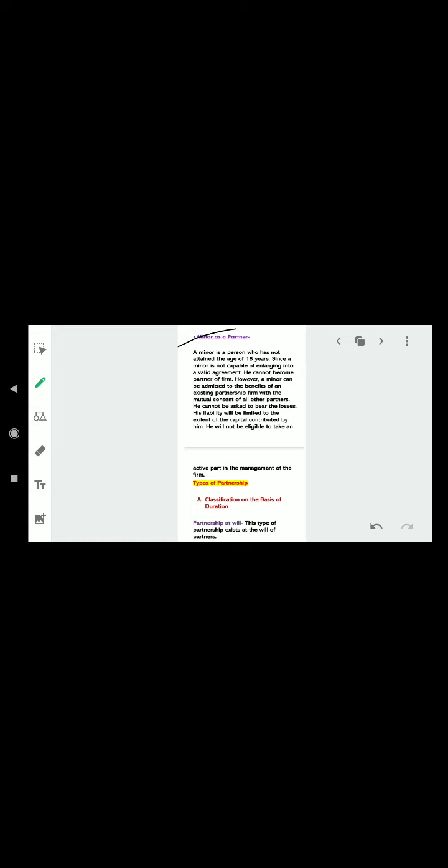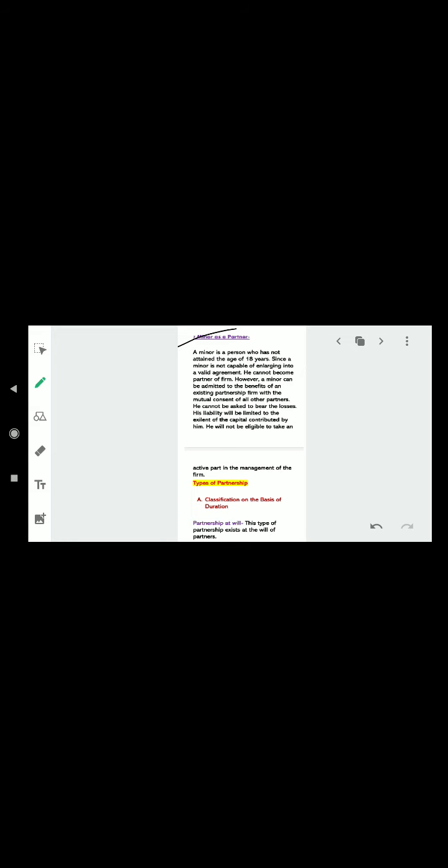His liability will be limited to the capital contributed by him, and he will not be eligible to take an active part in the management of the firm. That means a minor is not personally liable for the liabilities of the firm, but his share in the partnership property and profit of the firm will be liable for the debts of the firm.